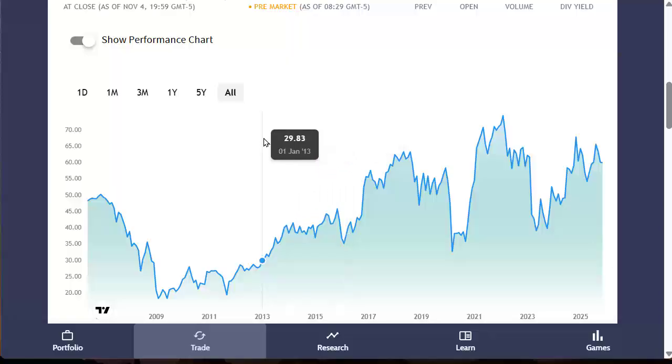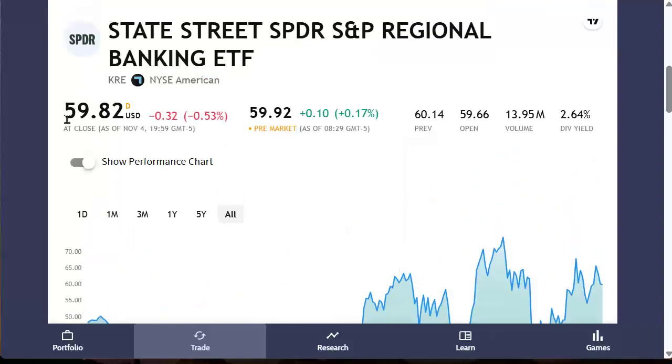Looks like it's gone up and down. It's been as low as $22, $19, $18. And right now it's selling for $59, almost $60. It's been as high as $74.